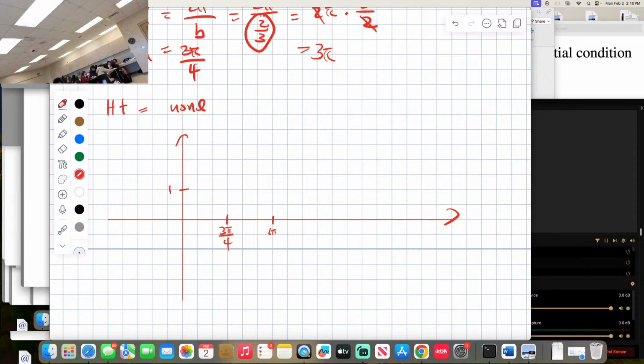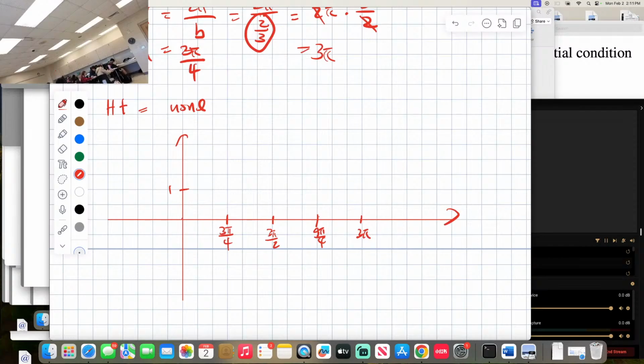What does 6 pi over 4 simplify down to? 3 pi over 2, so you should write this as 3 pi over 2. Is that okay? And then what's the next one? 3, 6, 9, so it'll be 9 pi over 4. Is that okay? And then 12 pi over 4, which is 3 pi, which we know is the whole period.